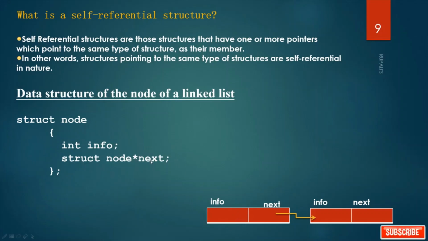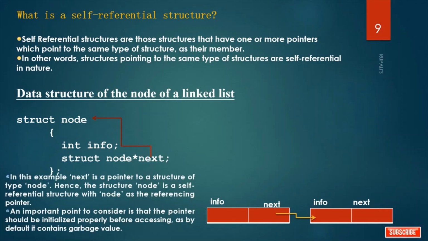Means next can hold an address of which type? It is of node type. So here next can hold an address of a node type variable. Means these member variables reference the same type. That's why this type of structure is called a self-referential structure. We will learn this in detail later in our data structure series.